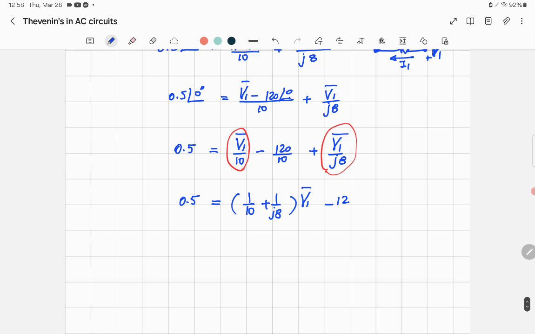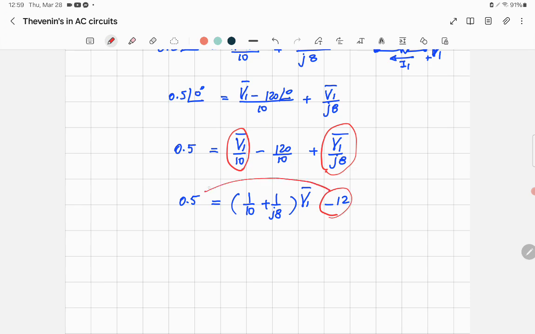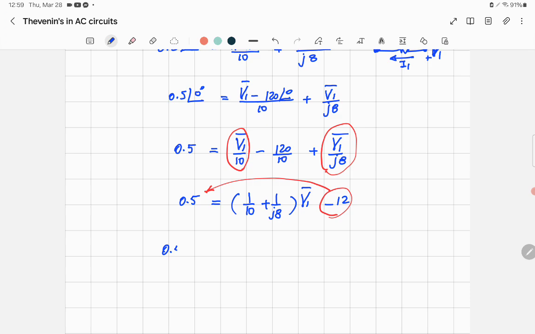Well, now I want to find V1, so you can just move negative 12 over there, right? So you have 0.5 minus 12 equal to the bracket 1 over 10 plus 1 over J8. You do it in the calculator, and it will be equal to 0.1 minus j 0.125.